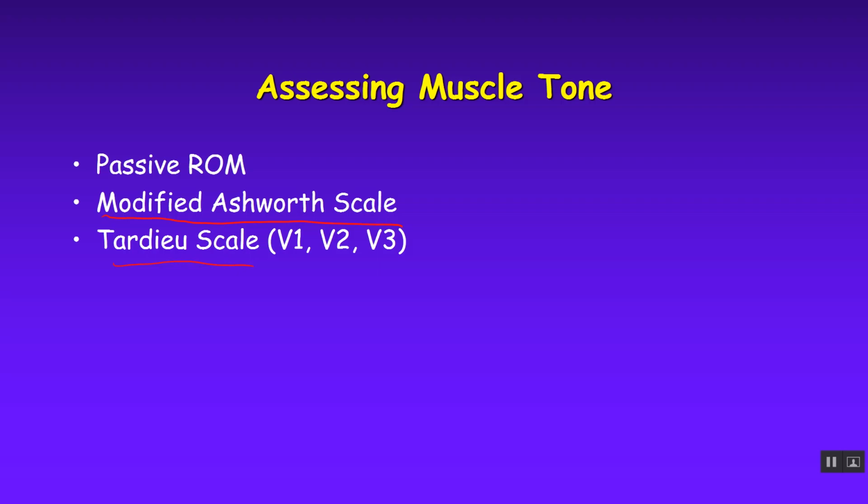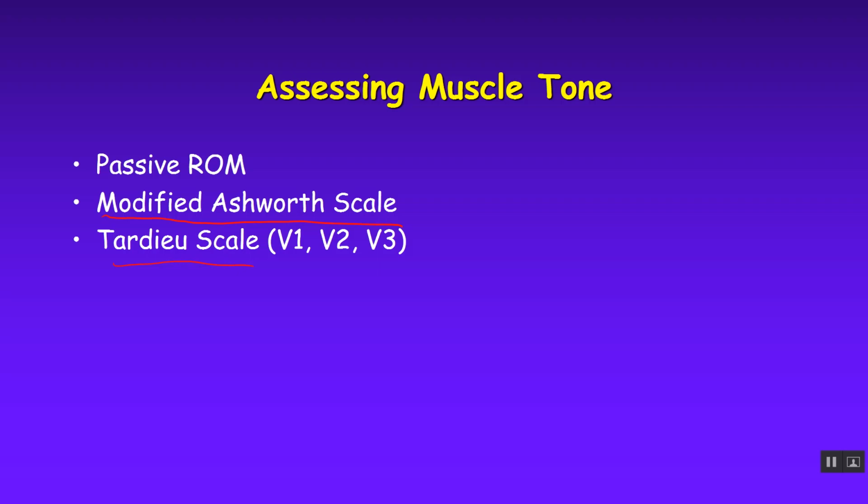You do a very slow movement. You do a movement that approximates the speed of gravity, as if you drop the limb through gravity. Don't ask me how you gauge the speed of gravity. You just have to imagine, if I drop your arm against gravity, that's how fast I'm supposed to move your arm, or your leg. Then you do a V3, or velocity 3, where you move it faster than your limb would drop against gravity.